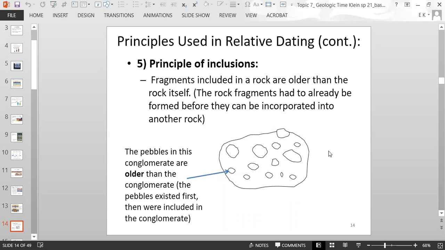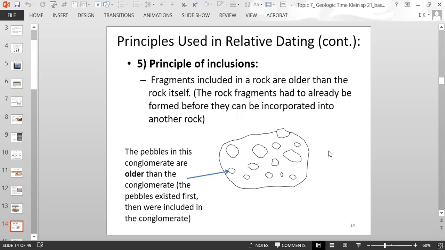Now, when I think of this example, I think of chocolate chip cookies, because in order to make the chocolate chip cookie, you have to have the chocolate chips in existence in order for them to go into the cookie. So the chocolate chips are always going to be older than the chocolate chip cookie that you make.